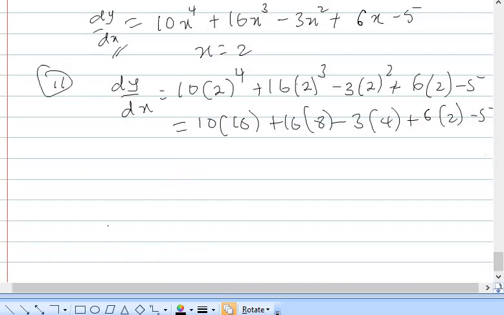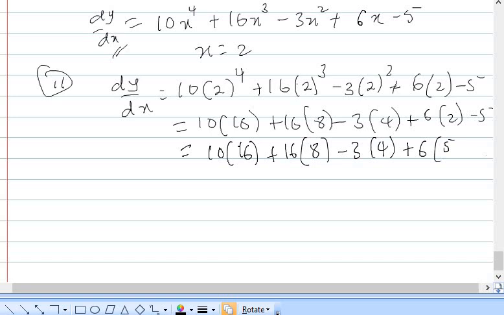So the answer should be 10 times 16, plus 16 times 8, minus 3 times 4, plus 6 times 2, then minus 5. After computing, the final answer should be 283.